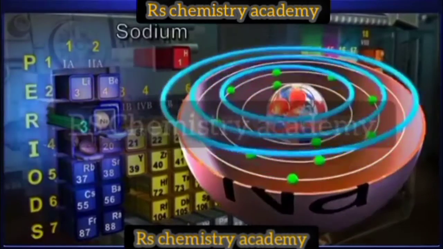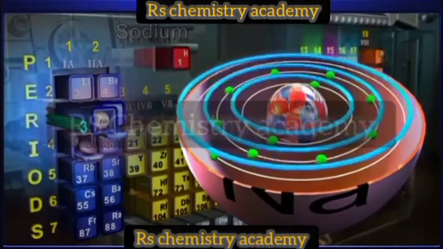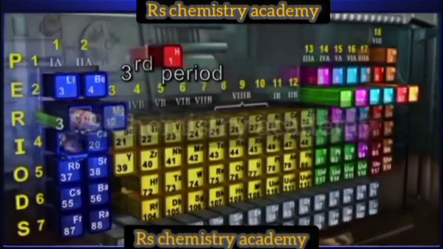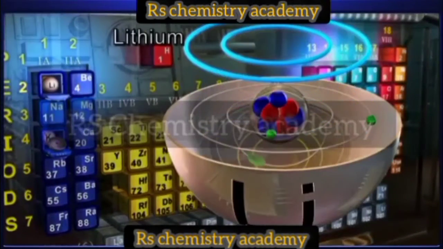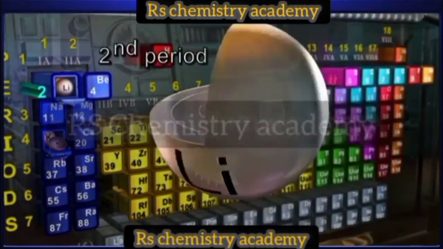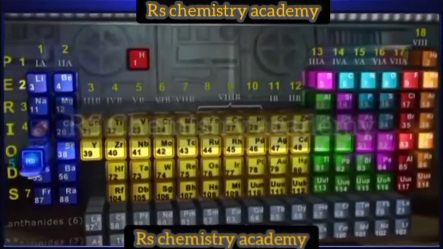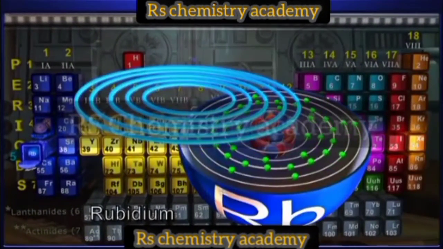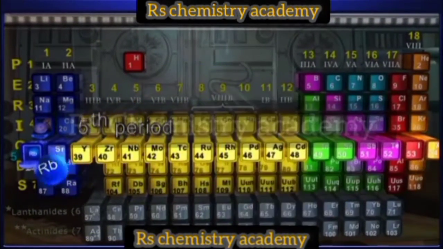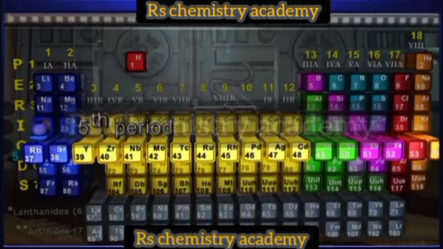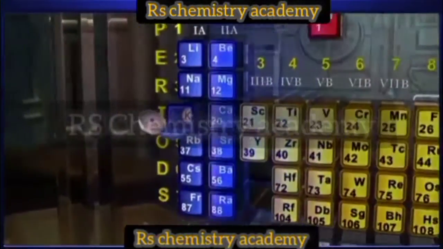Sodium has 3 main shells, so it belongs to the 3rd period. Lithium contains 2 main shells, so it is in the 2nd period. Likewise, for rubidium and others, we can calculate the period by seeing their main shells.